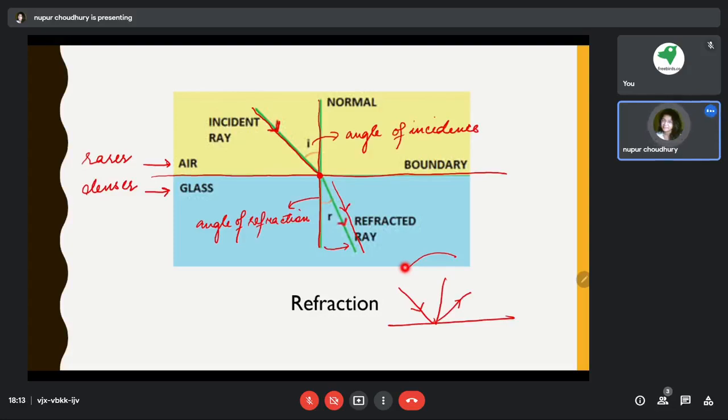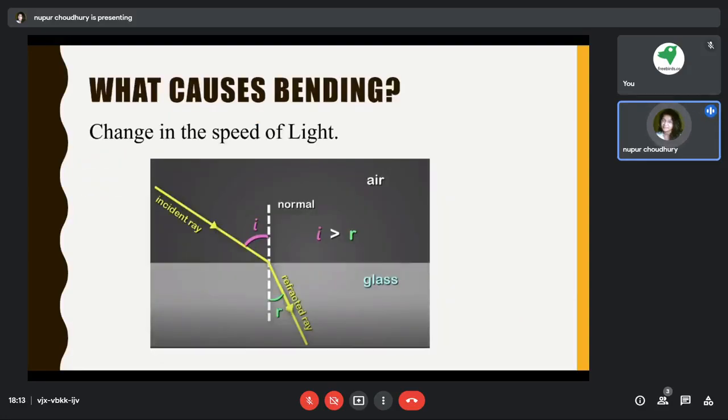However, here the incident ray and the refracted ray are not in the same medium. This will be more clear when we talk about the concept behind the bending of light. Whenever the incident ray falls onto this boundary, it becomes a refracted ray, bending in the next medium.